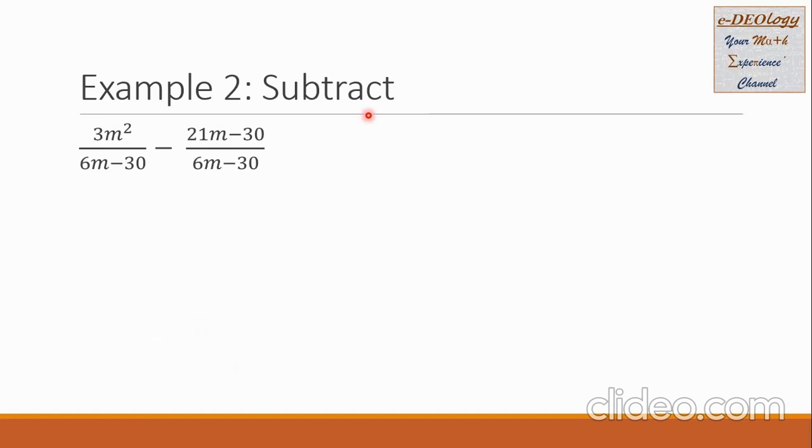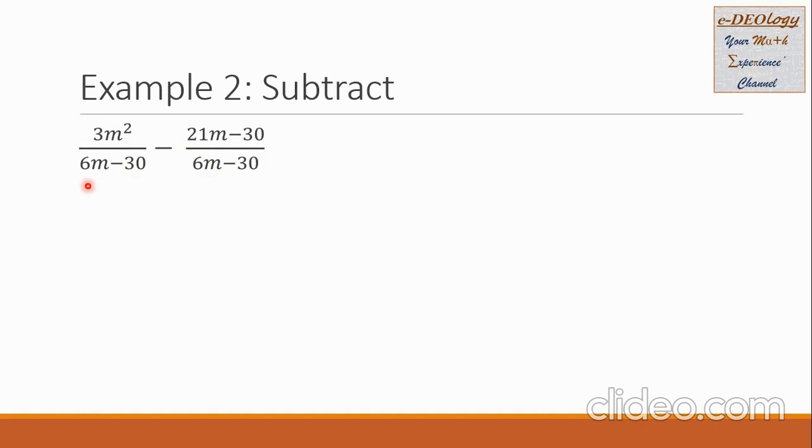Let's have example 2. Subtract the rational expressions. The first rational expression is 3m squared all over 6m minus 30 minus the second, 21m minus 30 all over 6m minus 30.